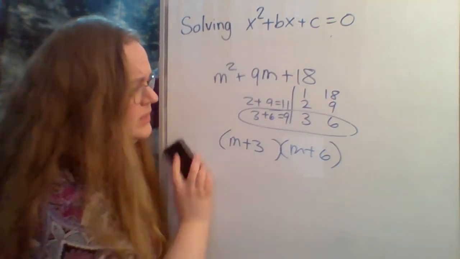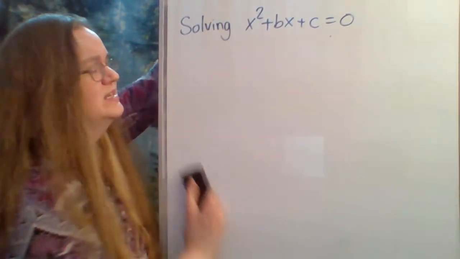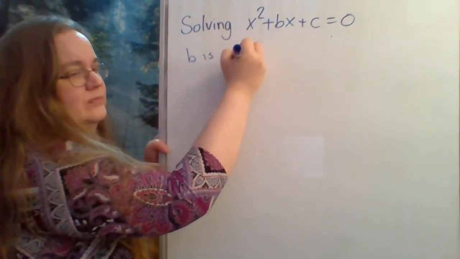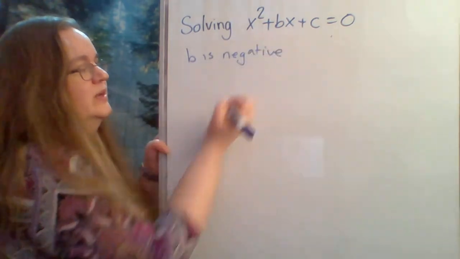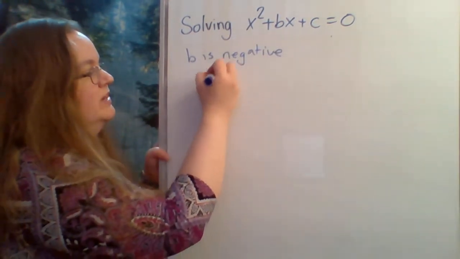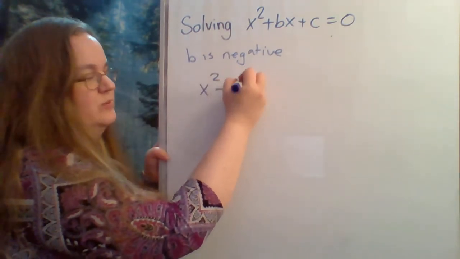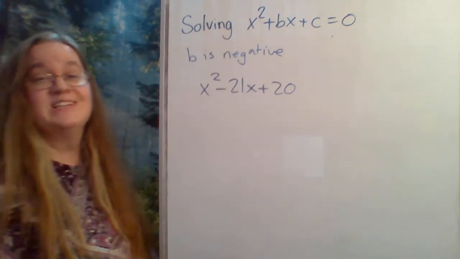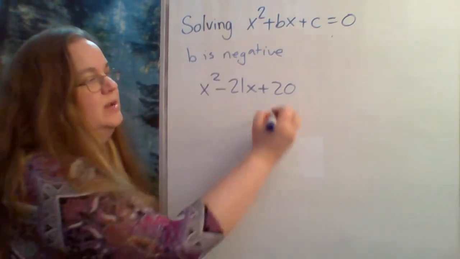Okay, so let's look at what happens when B is negative. Okay, they're both going to be minus. So if I have x squared minus 21x plus 20, I'm going to do exactly what I just did. I'm going to take 20.